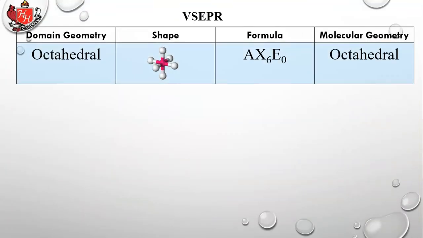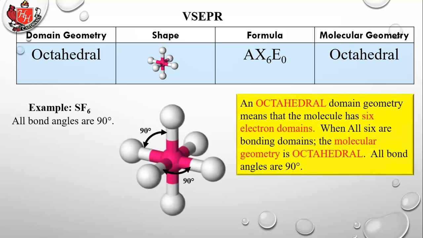Okay, we're off to our last family here, and that's the octahedral. An octahedral has 6 electron domains. So you can see that the actual octahedral molecule is AX6E0. It has 6 different bonding domains. An octahedral domain geometry means that the molecule has 6 electron domains.